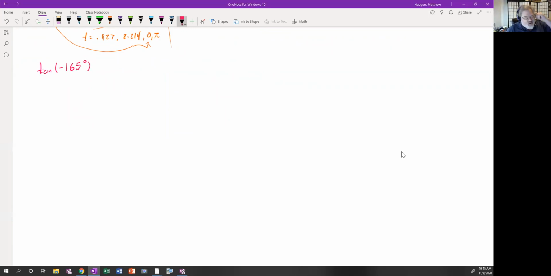So if we want an exact value, we have to be using those standard angles. And negative 165 is not one of our standard angles. Our standard angles, if we go in the negative direction, are things like negative 30 degrees, negative 45 degrees, and negative 60 degrees.